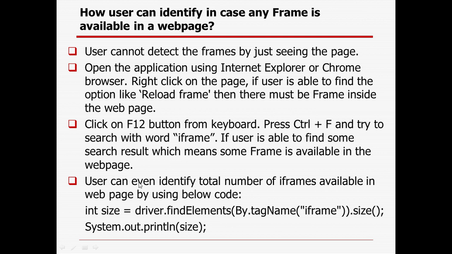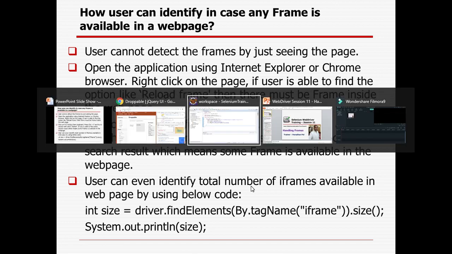If you also want to know how many frames are available, you can do that too. First you need to declare an integer type variable, then use driver.findElements by tag name iframe. You need to get the size of the elements and you can print it. So first I will find how many frames are available for the web page. I have already written some lines of code.